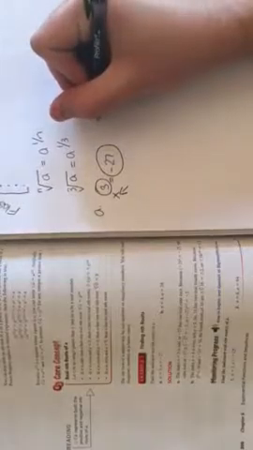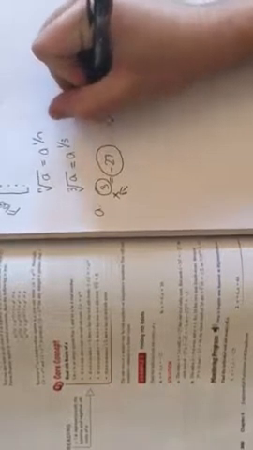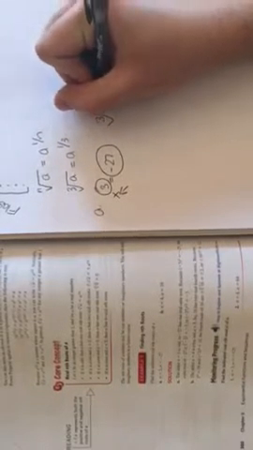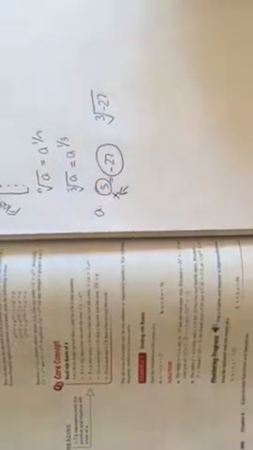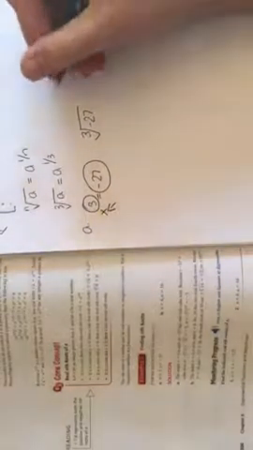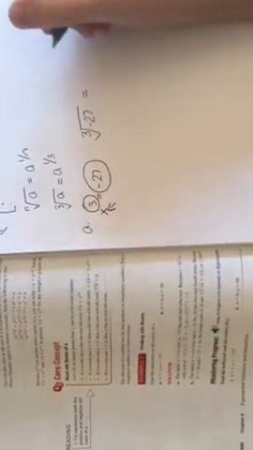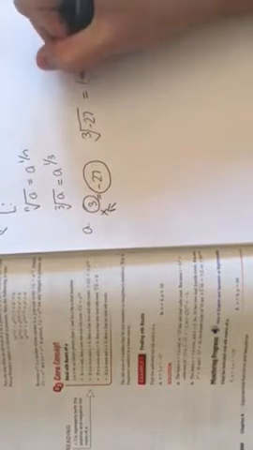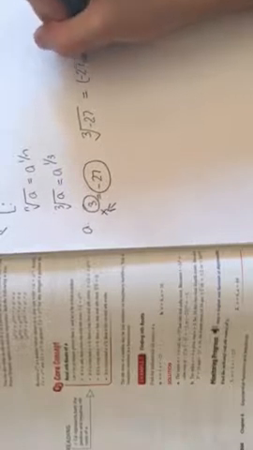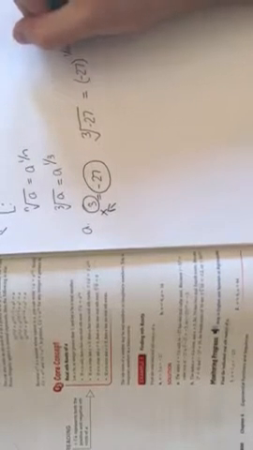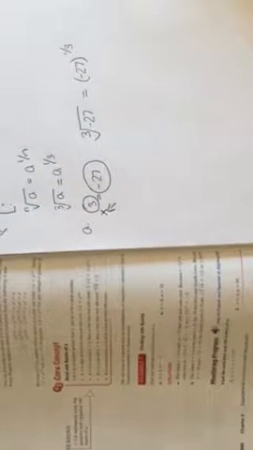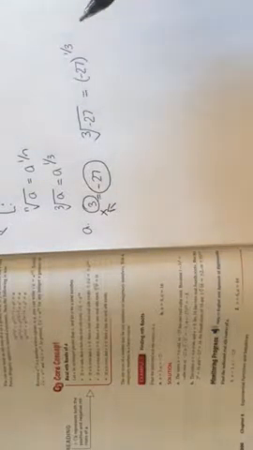This can be rewritten as the cube root of negative 27, or this is the same as saying negative 27 to the 1/3.